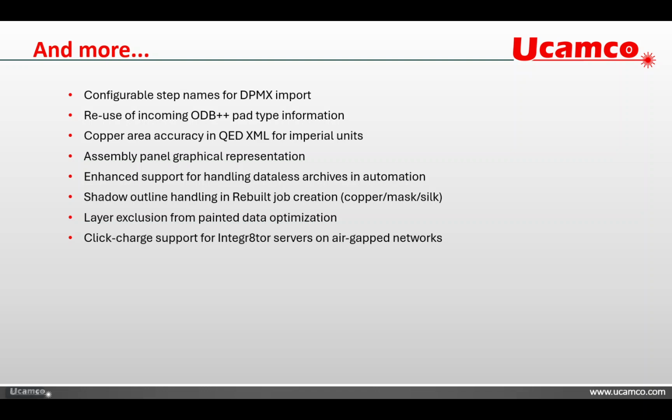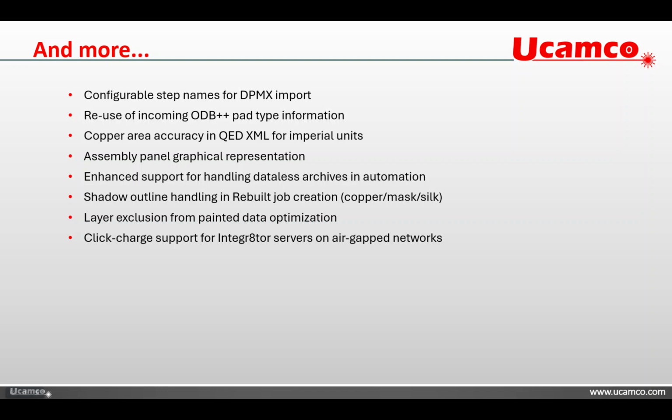Click charge support for integrator servers on air-gapped networks. Click charge, first of all, is a sort of pay-per-use system for integrator customers if they choose to go this way. The prerequisite for pay-per-use or click charge would be that your integrator server can reach the internet, and in secure facilities, this is not always a given.